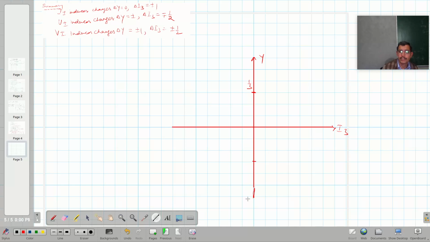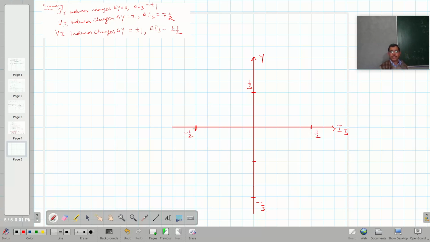So it is 2 by 3, it is minus 2 by 3, and here say this point is minus 1 by 2, sorry, it is 1 by 2 and it is minus 1 by 2.